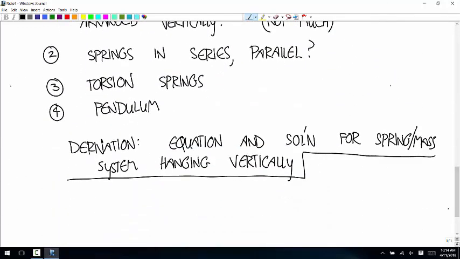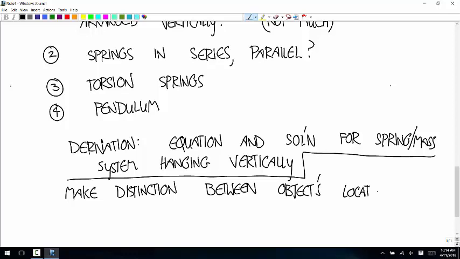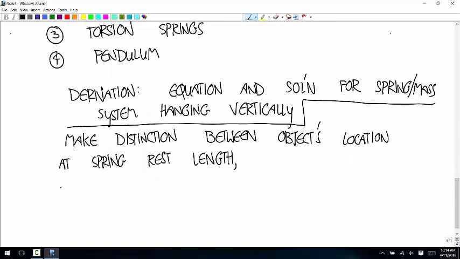and so now we have to make a distinction between the object's location and the spring's resting length and the object's location when the system is in equilibrium.